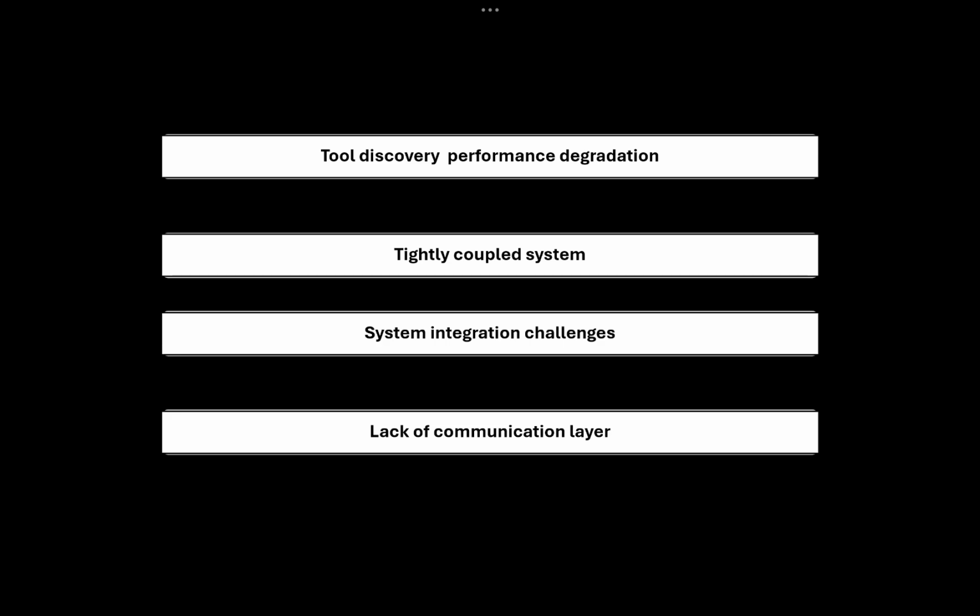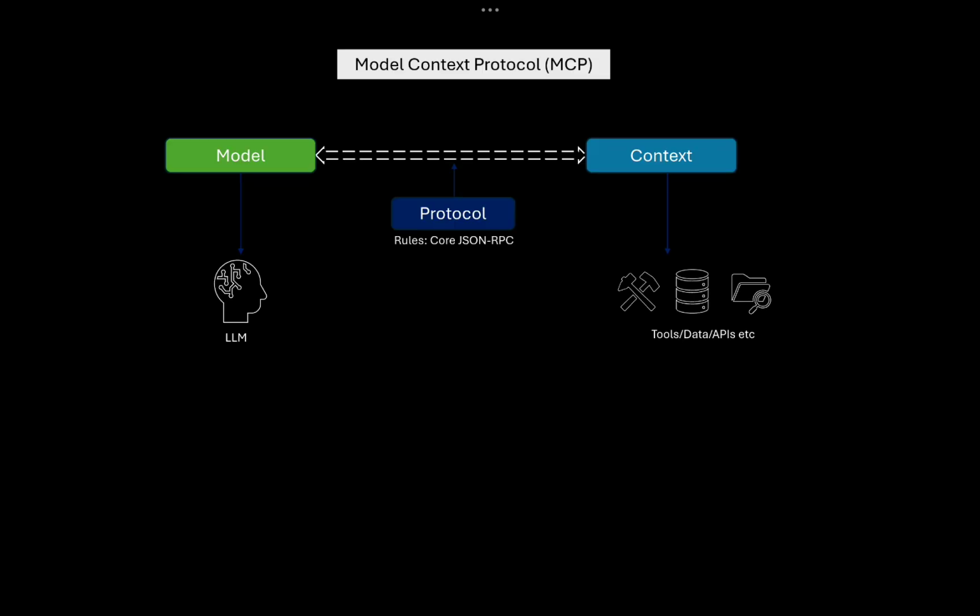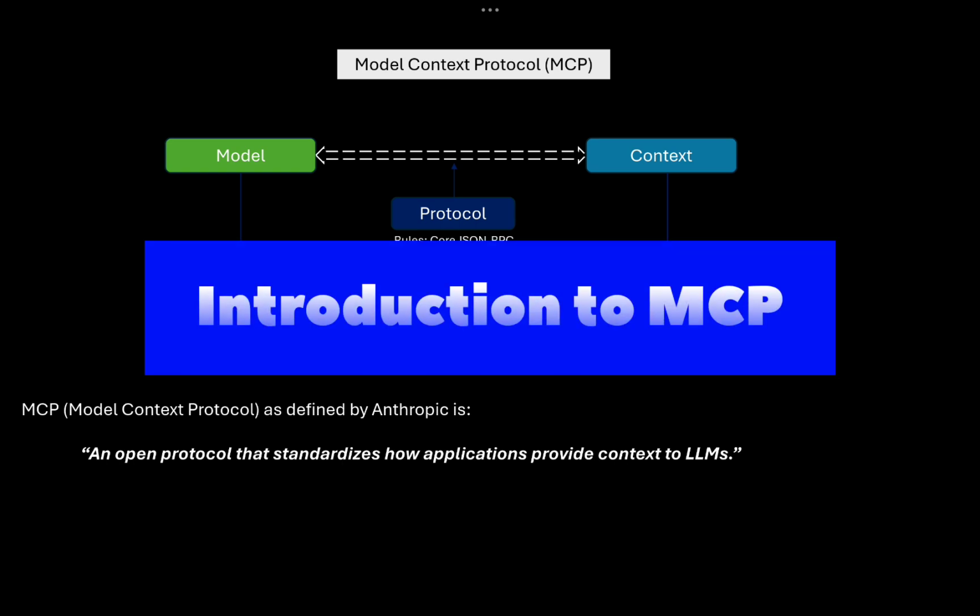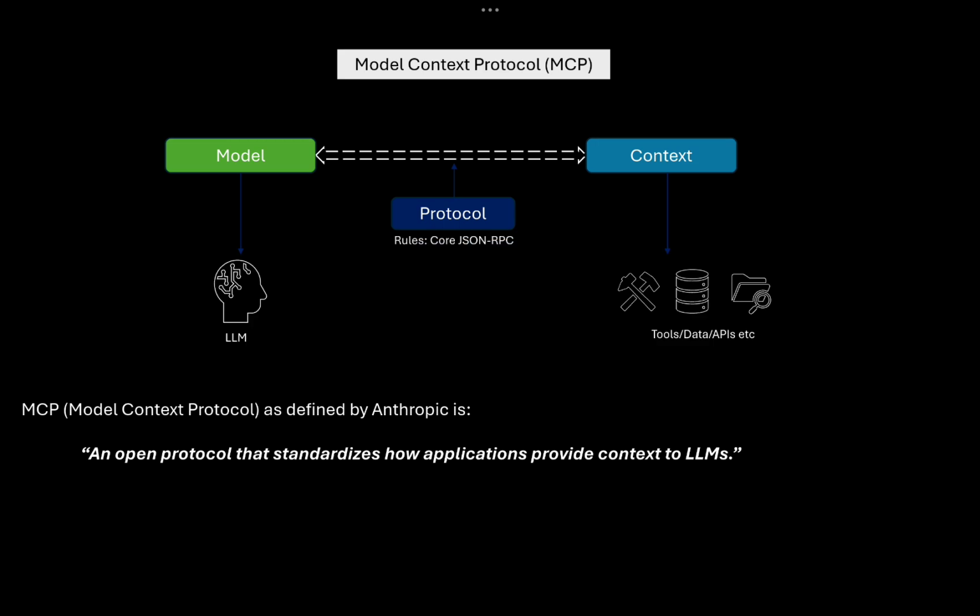These are the issues we have discussed with agentic AI systems, and that is what we are trying to solve using the Model Context Protocol. If we have a top view of MCP, we have a model, and that model gets context using a protocol from tools, databases and APIs. This protocol is a core JSON RPC protocol through which the model gets context from an external tool.